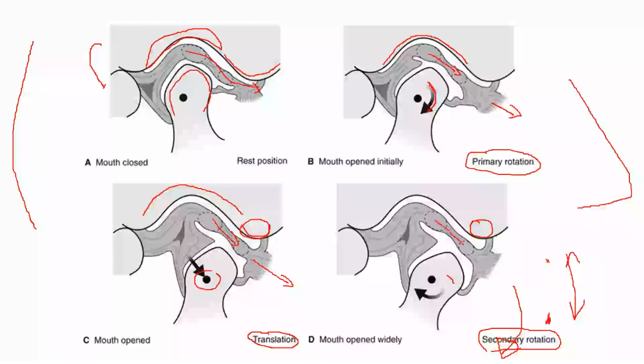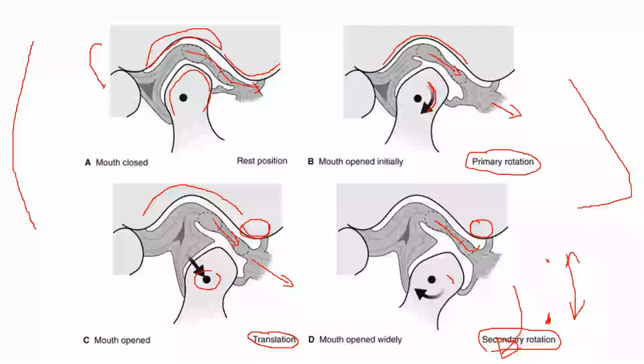The articular disc is in contact with the articular tubercle, and that allows for smooth movement and no rubbing, because we don't want bone on bone rubbing, which would be incredibly painful. So this is allowing for smooth movement within the hinge action of the jaw. This is the secondary rotation.